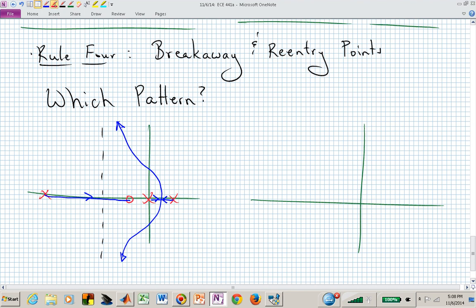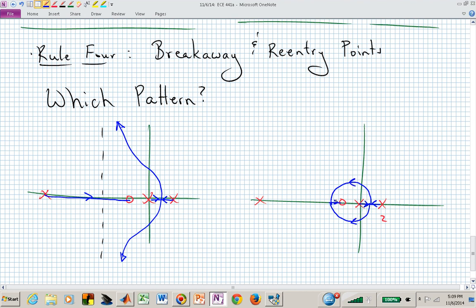Another possibility would be to actually have the two branches between 0 and 2 meet somewhere between 0 and 2, and break away. They actually then would re-enter the real line.